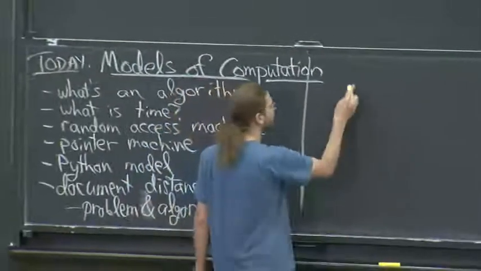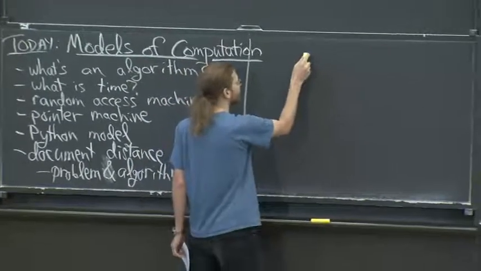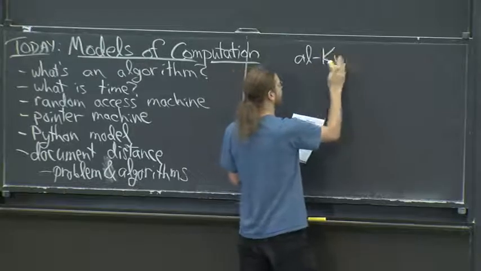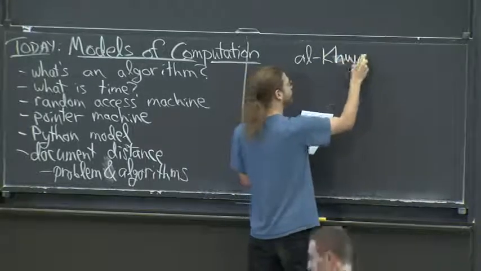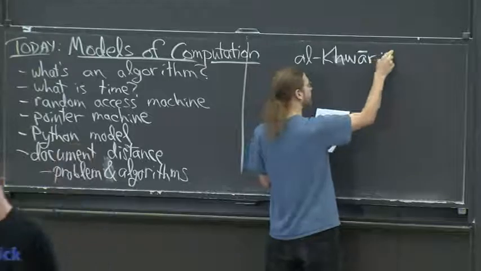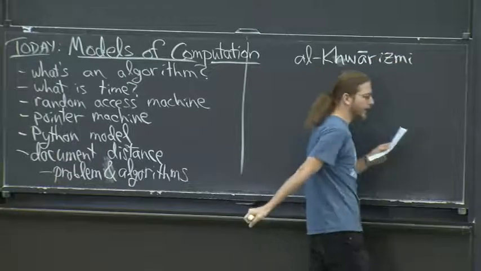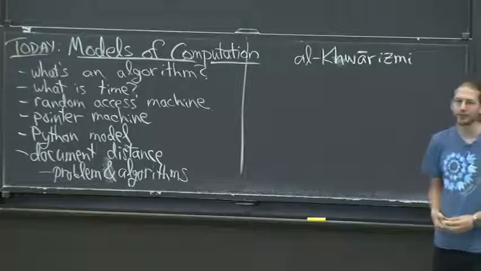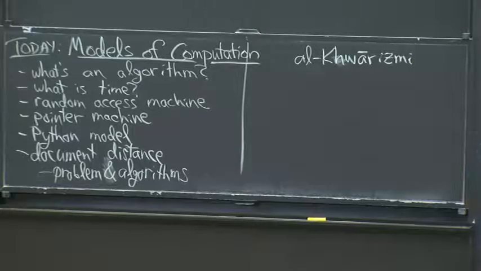For fun, I thought I would first mention where the word algorithm comes from. It comes from this guy. A little hard to spell. Al-Khwarizmi, who is sort of the father of algebra. He wrote this book called The Compendious Book on Calculation by Completion and Balancing back in the day. And it was in particular about how to solve linear and quadratic equations.